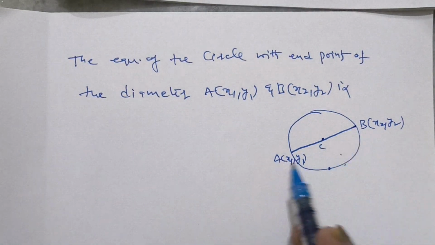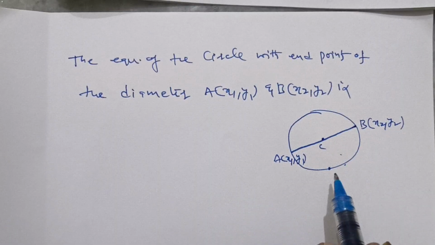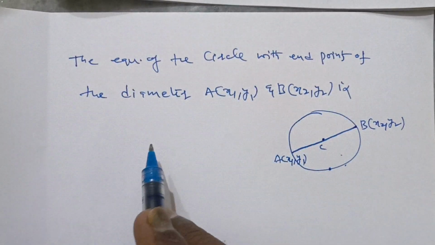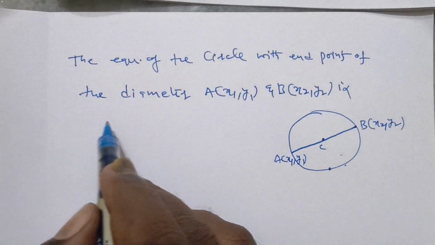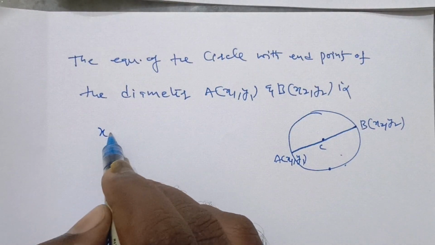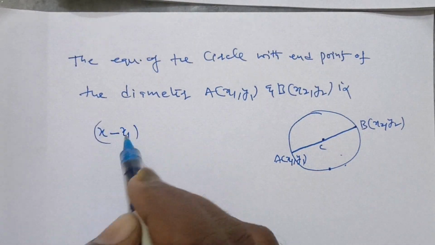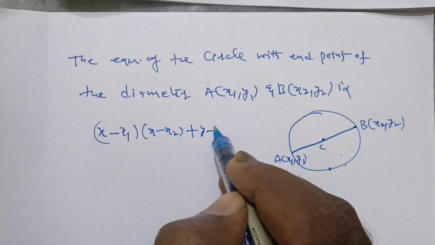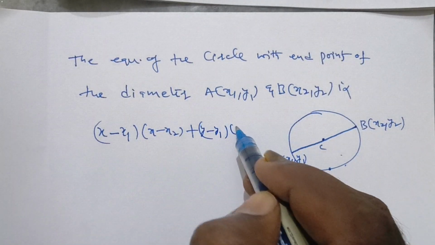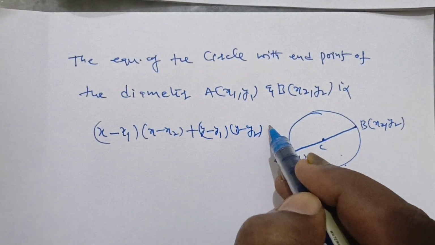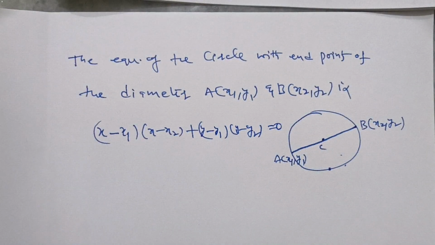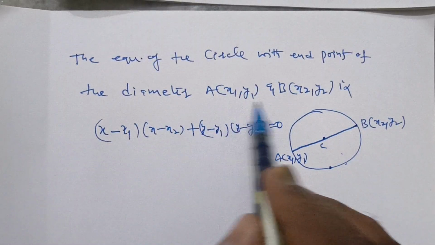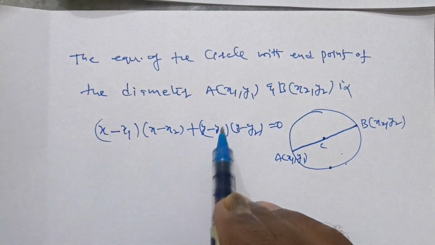If A and B are the endpoints of this diameter, then the circle equation is given by (x minus x1)(x minus x2) plus (y minus y1)(y minus y2) equals 0. This is the circle equation with the endpoints of the diameter given.